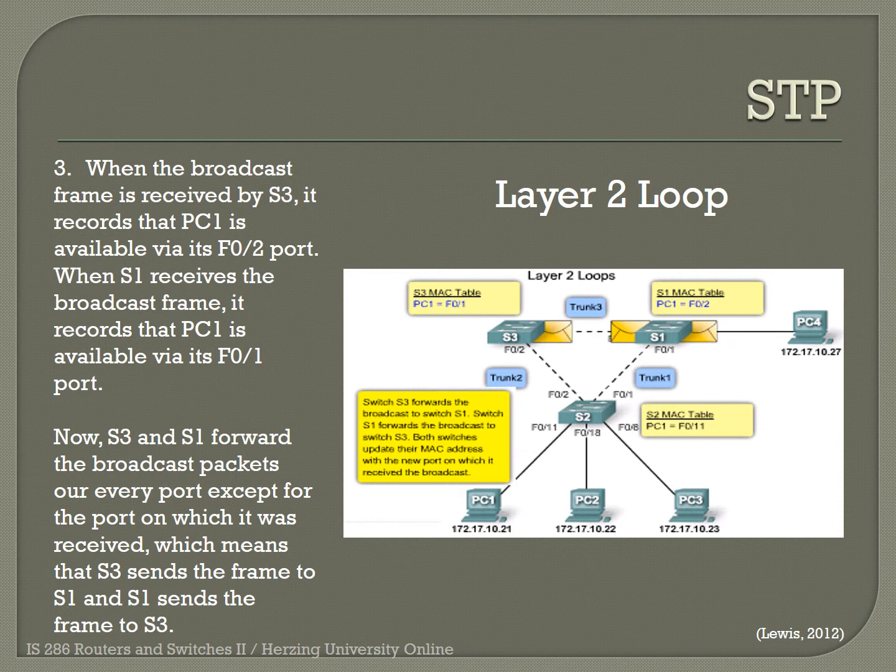Now, S3 and S1 forward the broadcast packets out every port except for the port on which it was received, which means that S3 sends the frame to S1 and S1 sends the frame to S3.